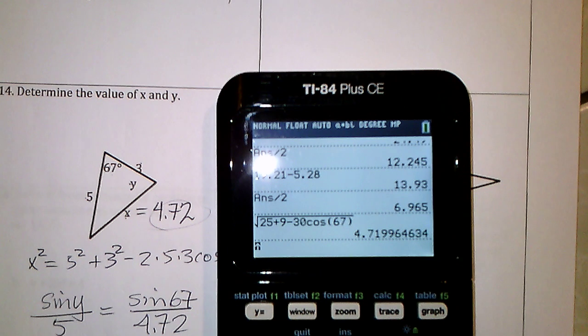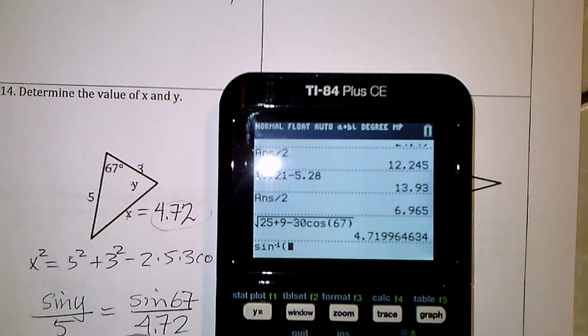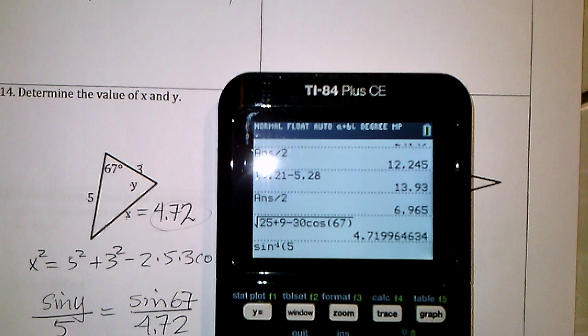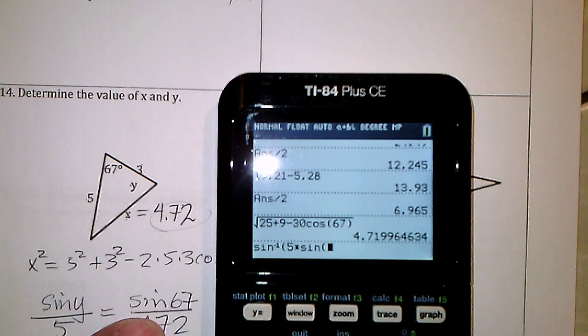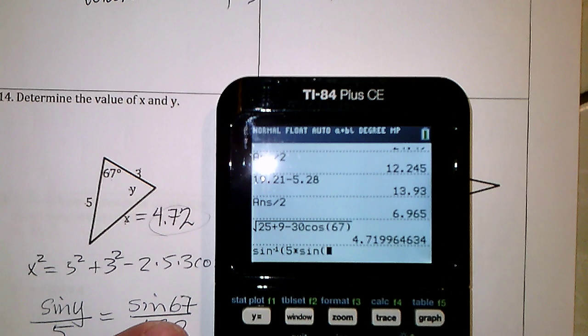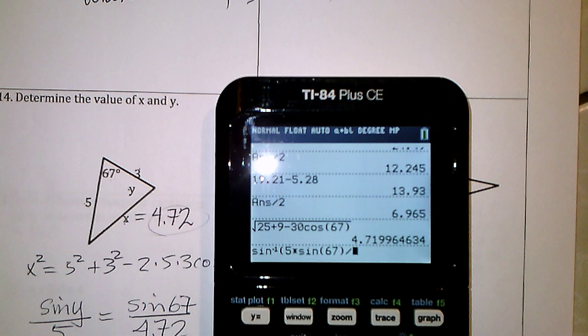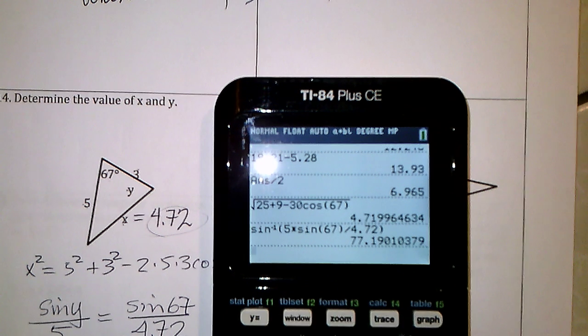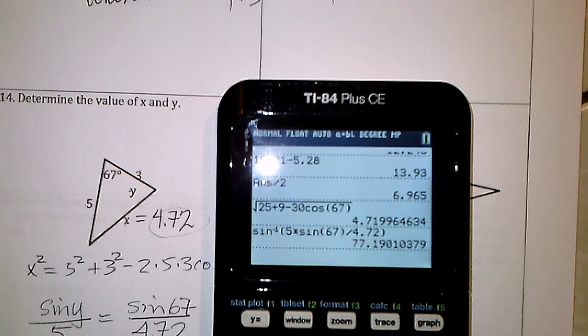So I've got the sine inverse of 5 times sine 67 divided by 4.72, close parenthesis. And everything, yeah, I think so. We get 77.2.